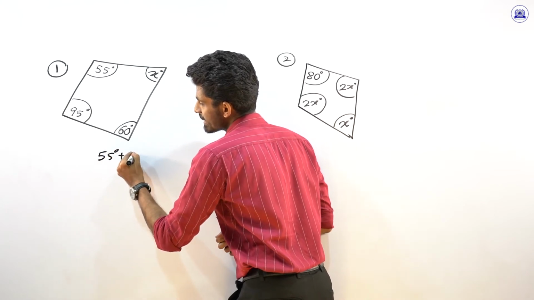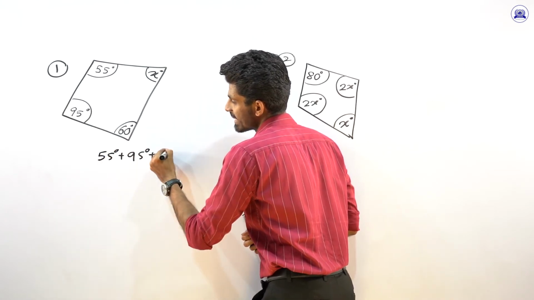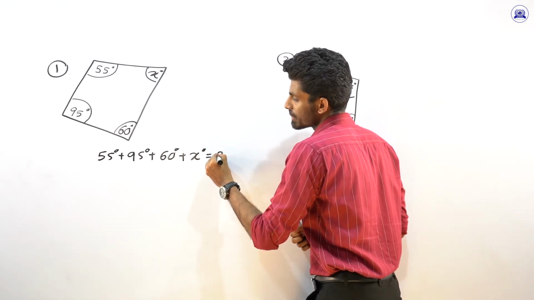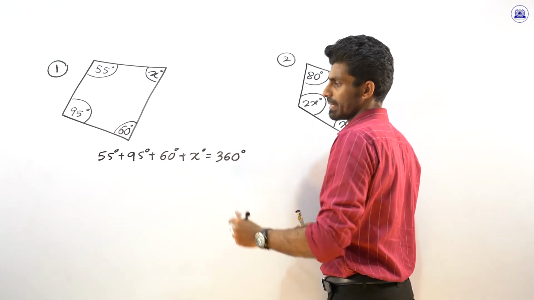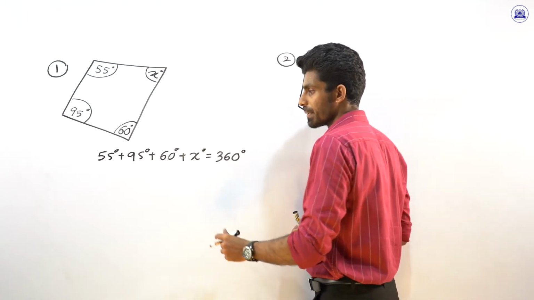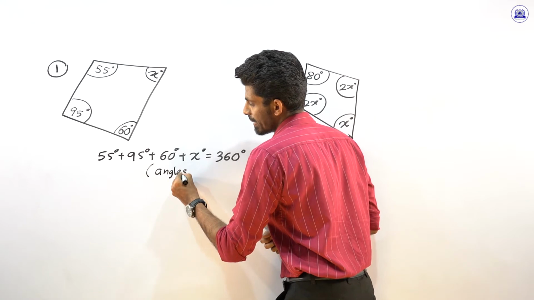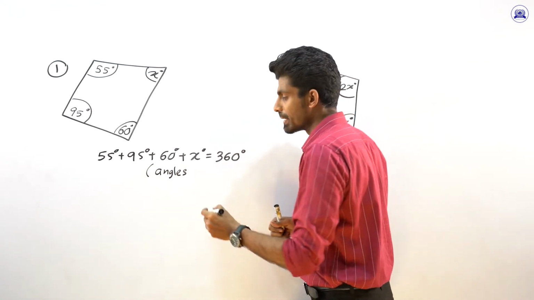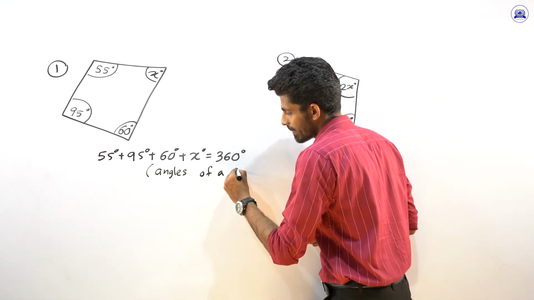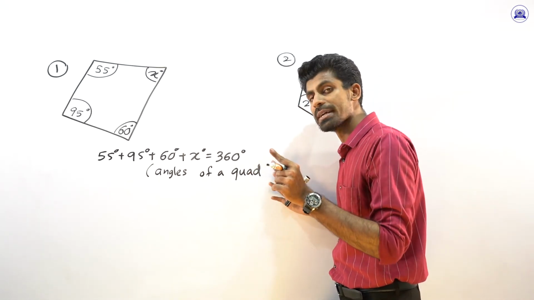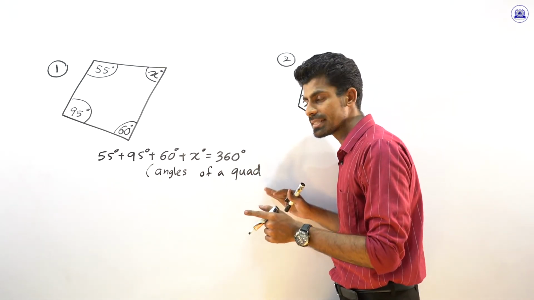55 plus 95 plus 60 plus x equals 360. So what is the theorem? Angles of a quadrilateral. You need to write down the reason within brackets.